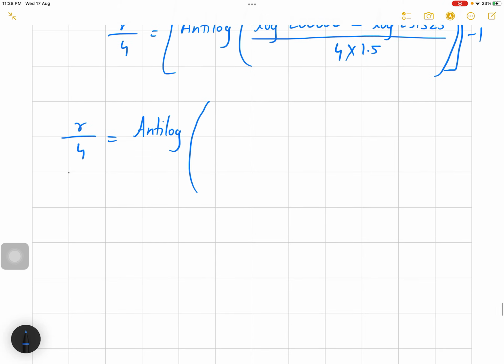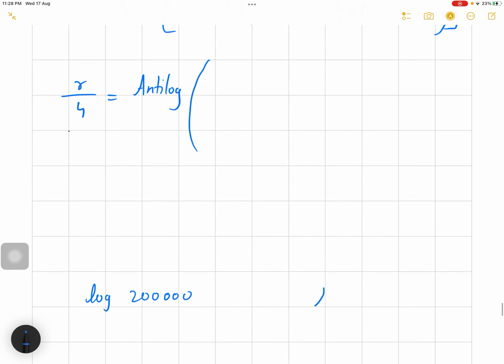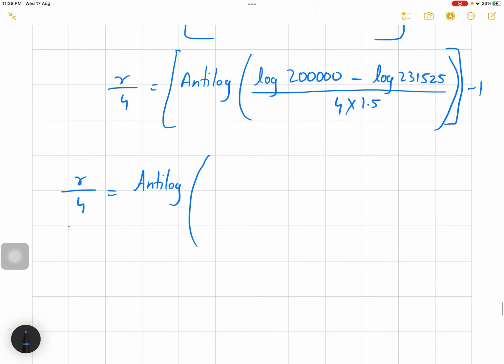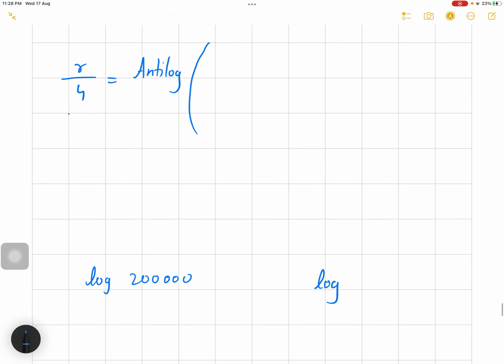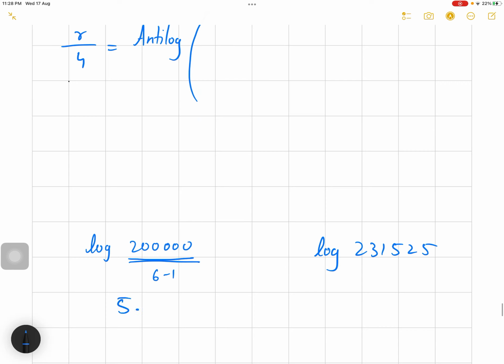So 6 minus 1 is 5, right? So let's find log 2 lakh and log 2,31,525. Okay, so in log there are 6 digits. So 6 minus 1 is 5. So it is 5 point something.